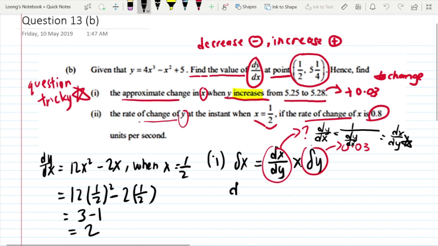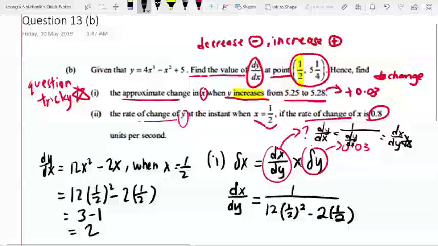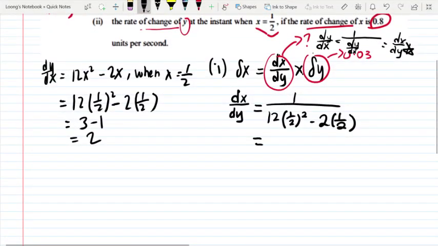So dx/dy is equal to 1 over 12, and here we need to substitute the original value of x, which is 1 over 2, so it is 1 over (12 times (1 over 2) squared minus 2 times (1 over 2)), and what we will get is 1 over 2. So our dx/dy is 1 over 2.